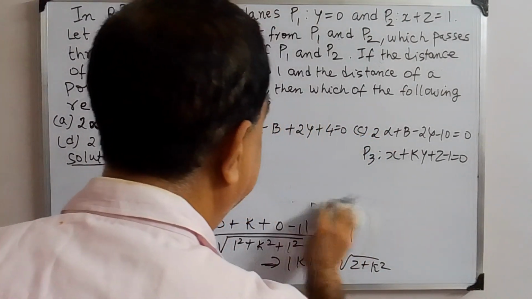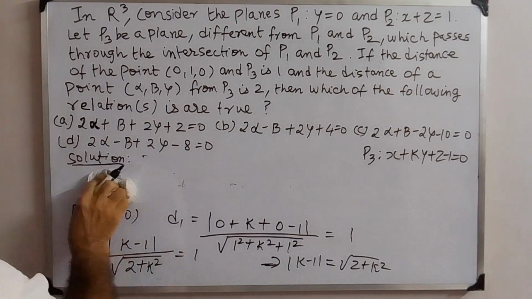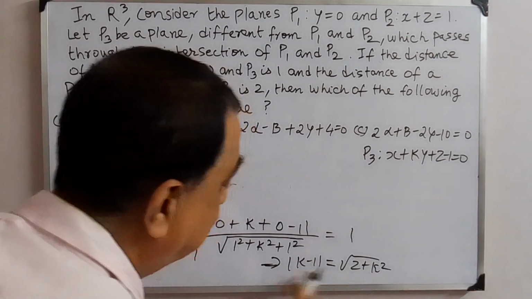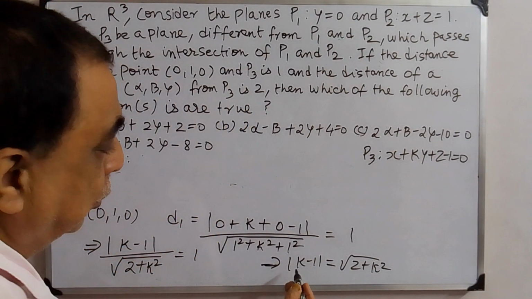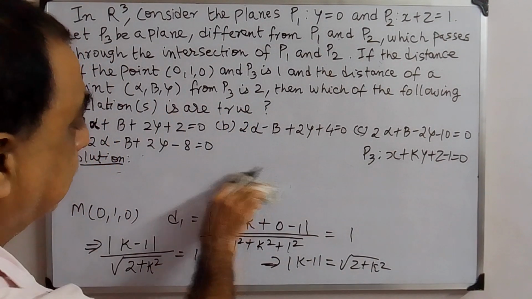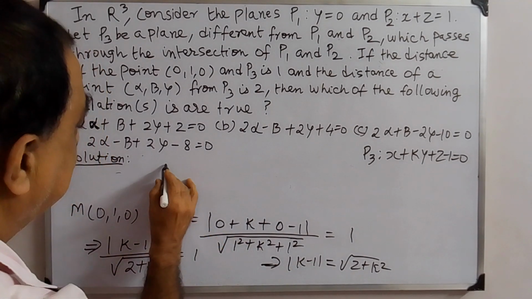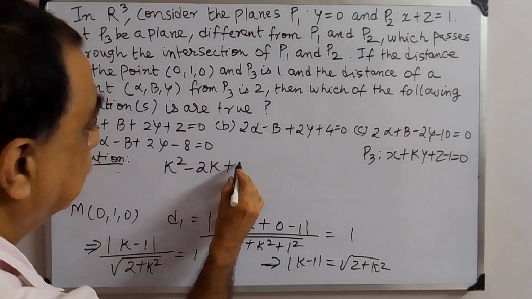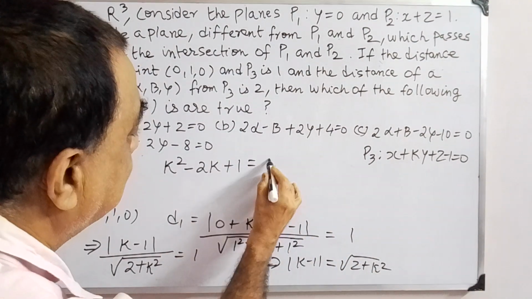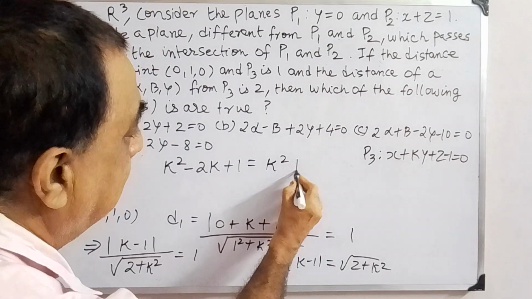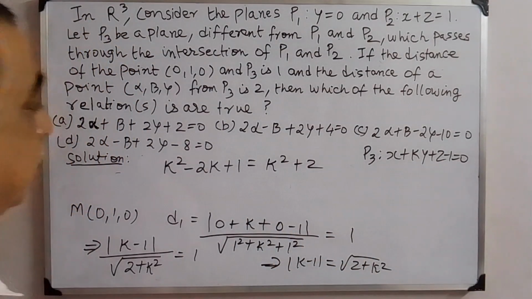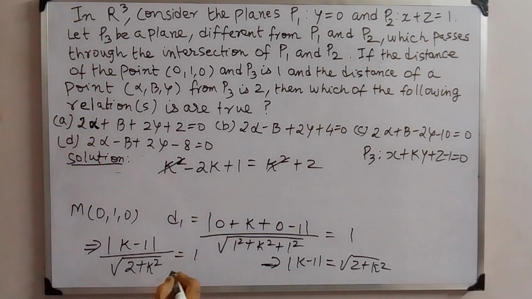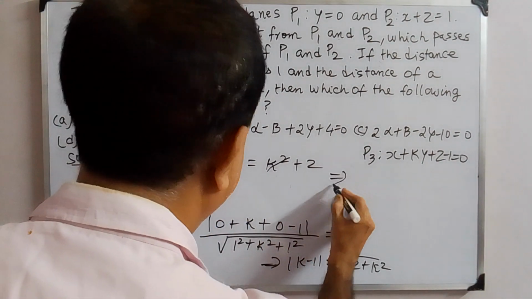Now I am simplifying this by squaring both sides. The left side square will be k square minus 2k plus 1, and on this side I will get k square plus 2, as the square root sign is removed. Here k squared and k squared cancel from both sides. So what do we get?